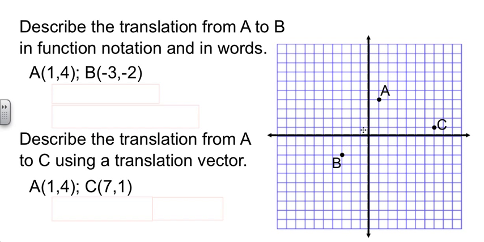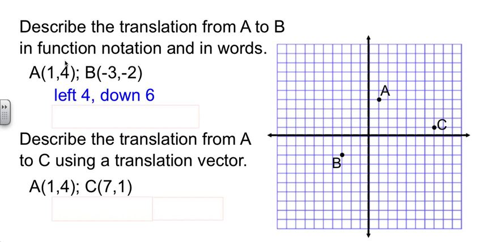What do we have to do? We have to go 1, 2, 3, 4 to the left, and 1, 2, 3, 4, 5, 6 down. That's how you would describe it in words. Left 4, down 6. If you're in the direction mindset, you could say west 4, south 6. I would understand that as well.